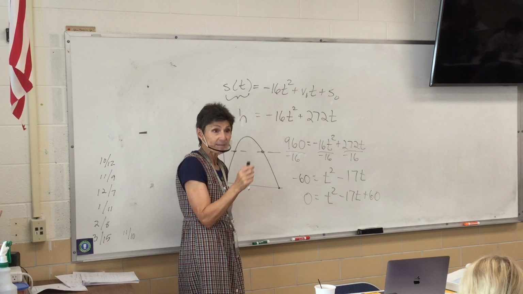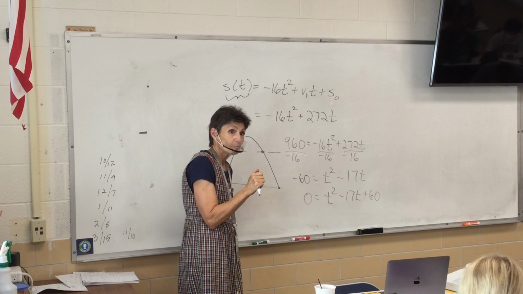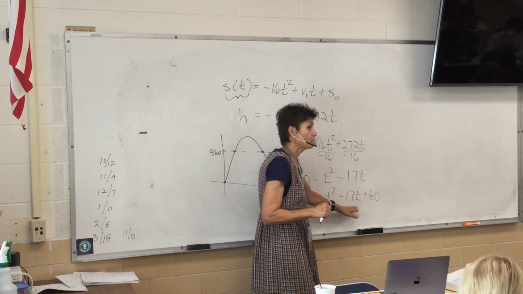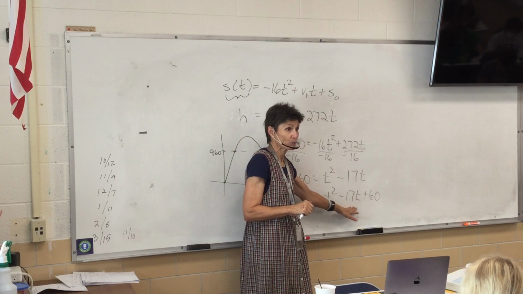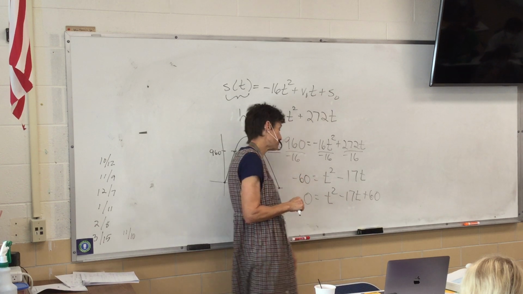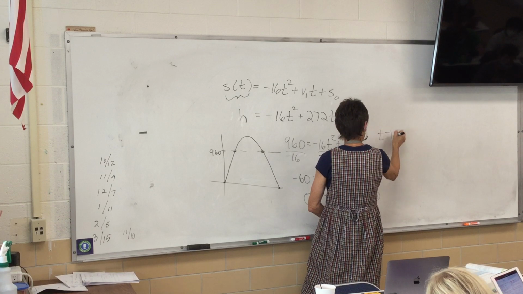But if you don't see that or don't want to do that, you could use the quadratic formula. You could also complete the square, but I wouldn't recommend it because you're going to have a fraction when you take half of this and square, but you could do that. I think I'll just factor it because that's the easiest for me anyhow.